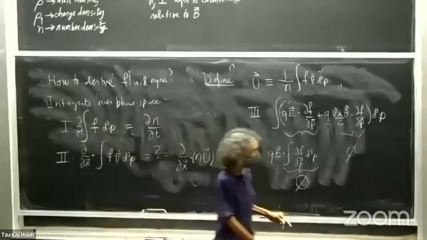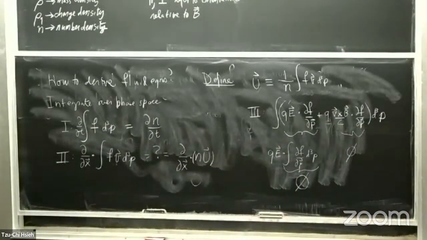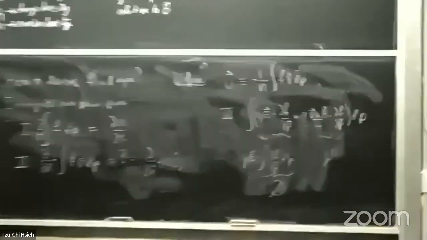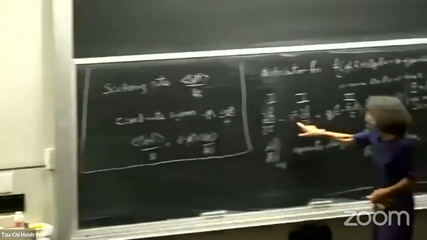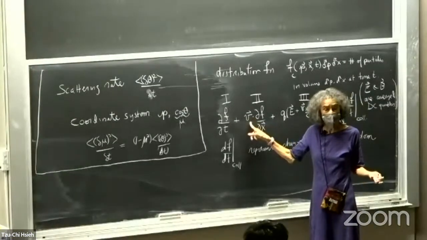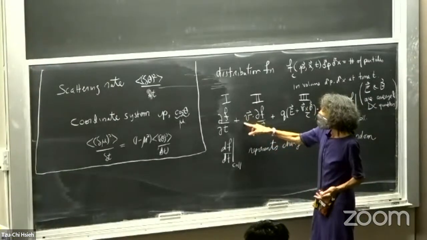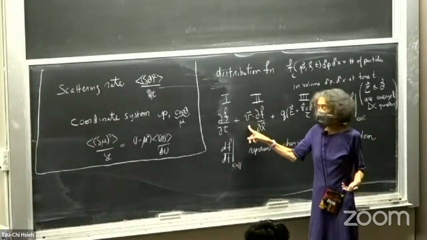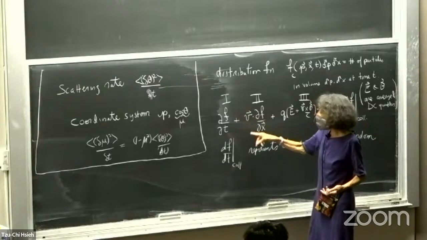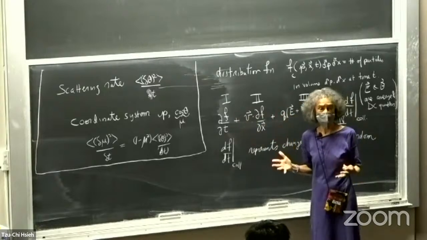And because of this v in the advection term, and possibly the v in the Lorentz force, but it's mostly just the advection term, if we now multiplied by p, took the first moment, we would have a pv here. So we would have a second moment. And if we just kept going, we would keep getting one more moment.